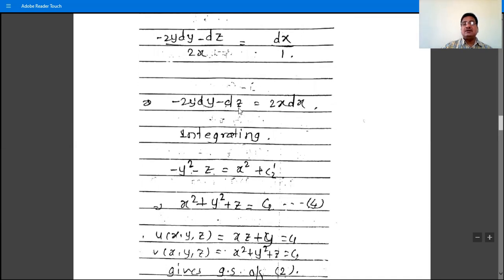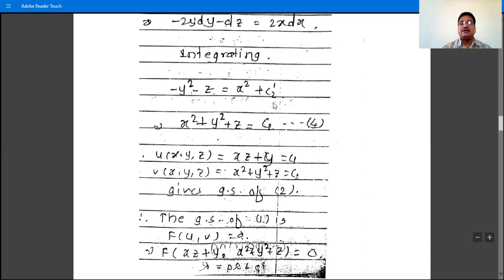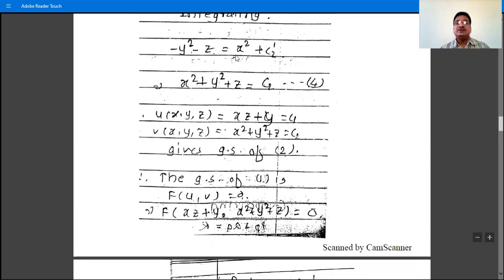Now it is in variable separable form, so integrating. The integration of 2y is y², the integration of dz is z, and the integration of 2x is x², plus c2' as a constant of integration. Then x² + y² + z = -c2', and suppose -c2' is c2. So this is equation number 4, and so 3 and 4 give the general solution of 2.